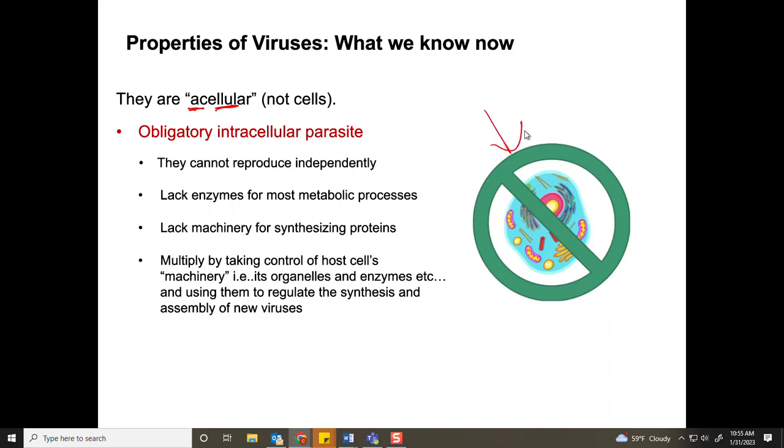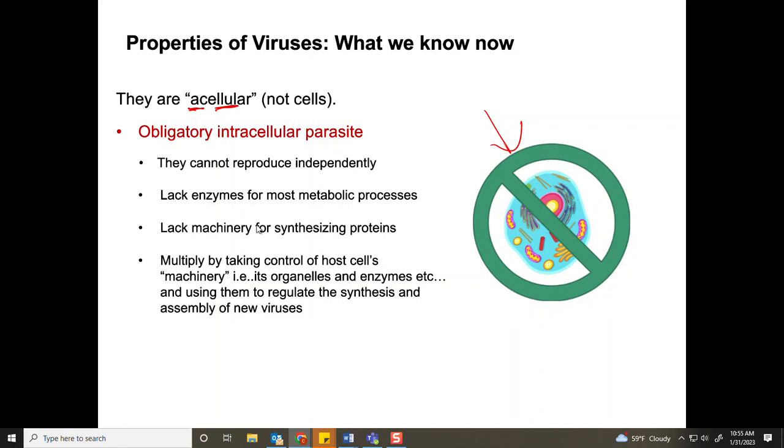So what we're seeing here, viruses are not cells. Instead, they are obligatory intracellular parasites. What that means is that they are required to parasitize cells for their survival, survival in quotes because they're technically not a living thing. They cannot reproduce independently. They cannot make enzymes for most metabolic processes that living things need to be able to do.